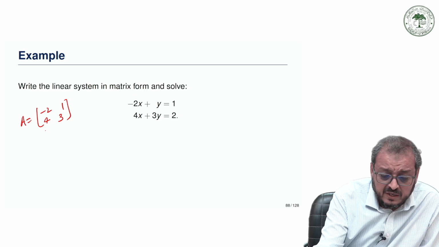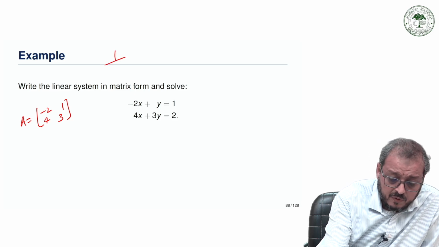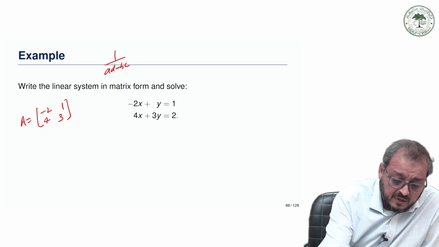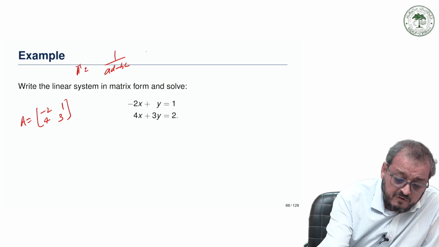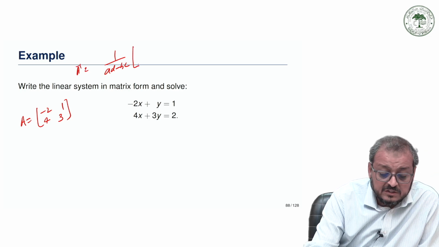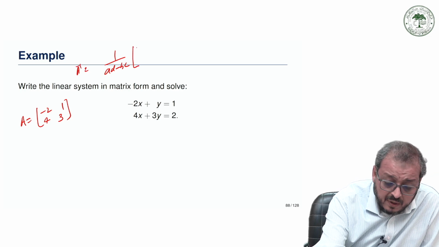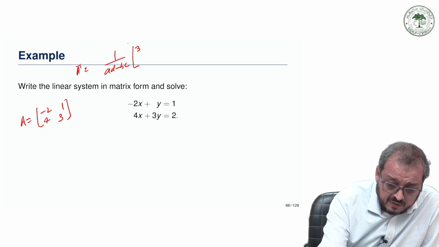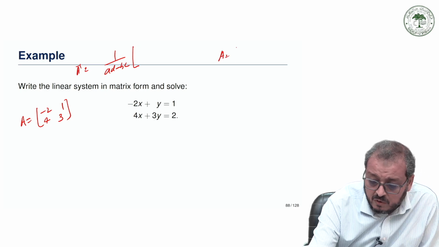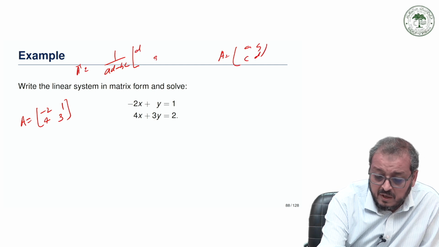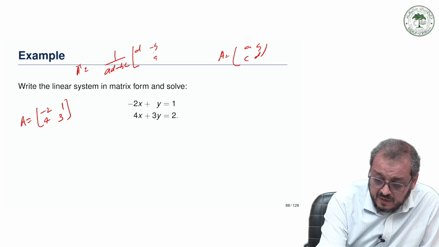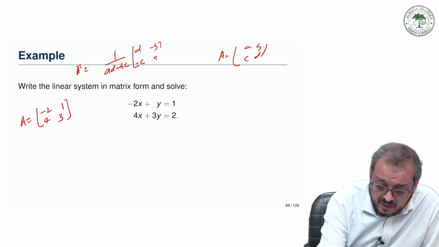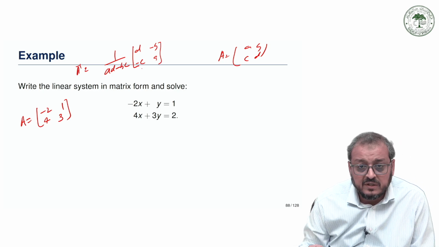You know that for a 2 by 2 matrix, A inverse is 1 upon AD minus BC. If A is equal to a, b, c, d, then you have d, minus b, minus c, and a. We can just calculate the inverse.